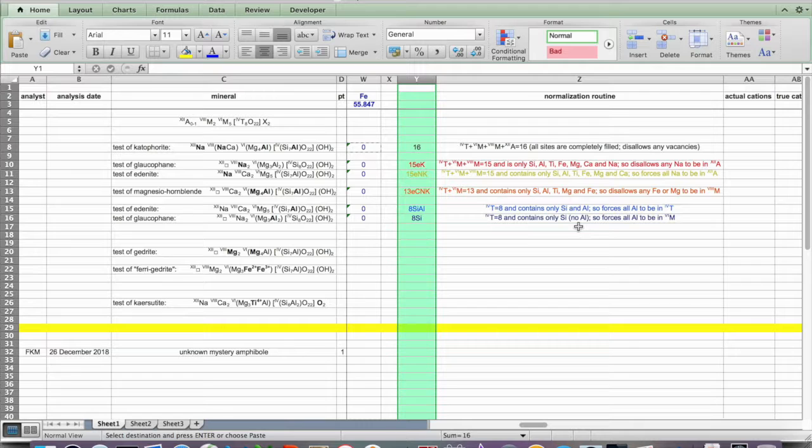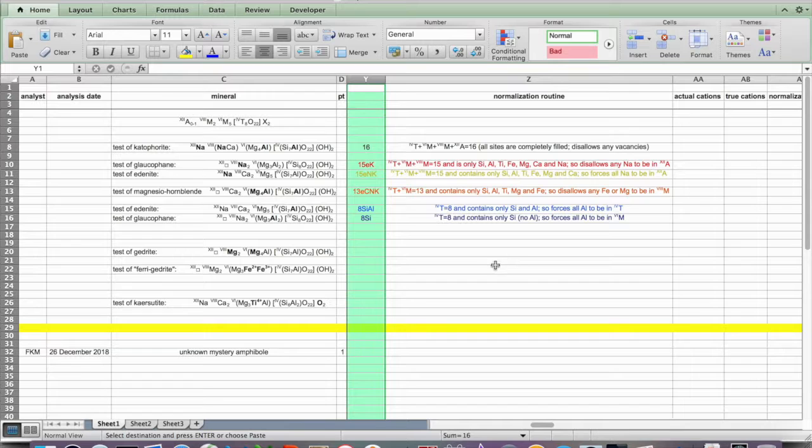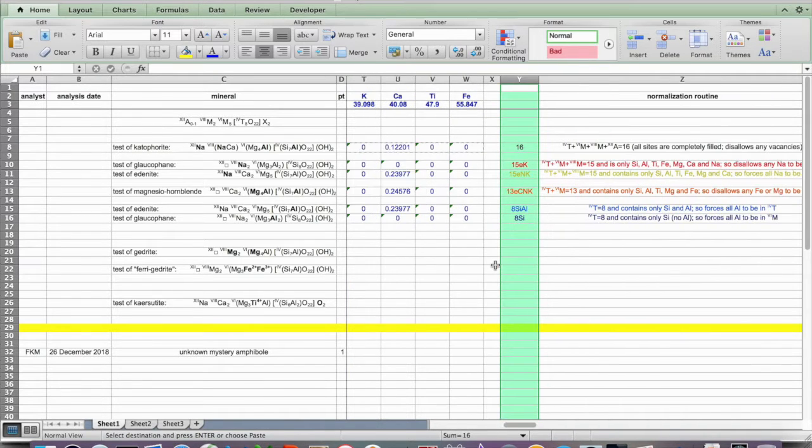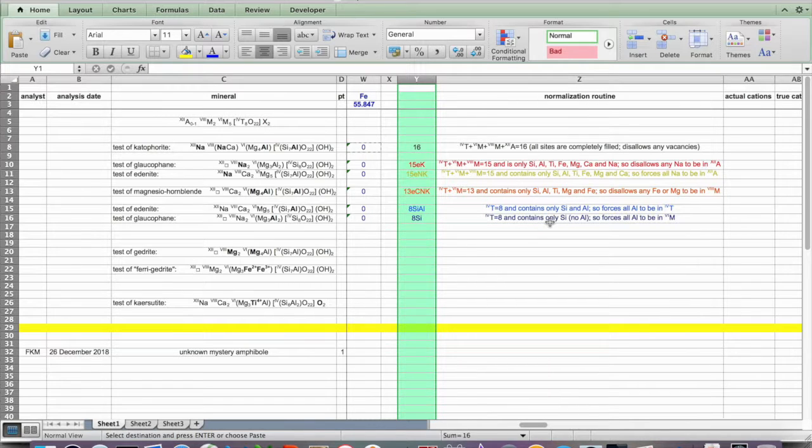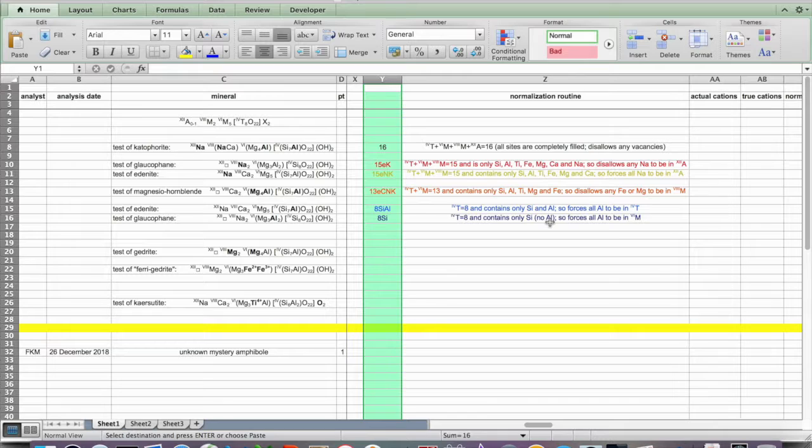And again, we are going to discover as we normalize our unknown mystery amphibole down here, and indeed maybe even some of these additional test cases, that there will be normalization schemes that work among these 6. There will be normalization schemes that do not work among these 6. And in some cases, there will be multiple normalization schemes that work.